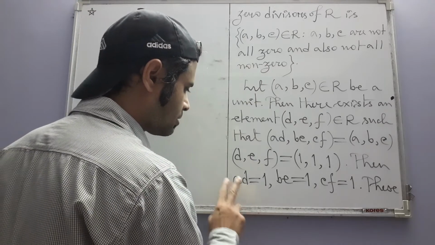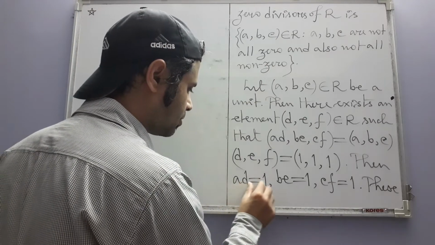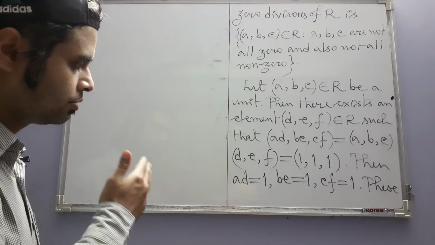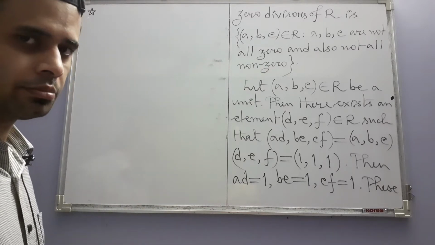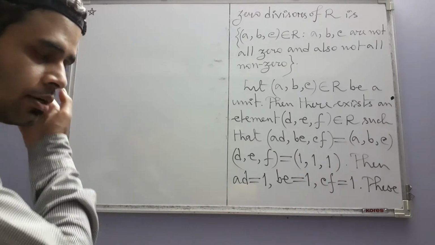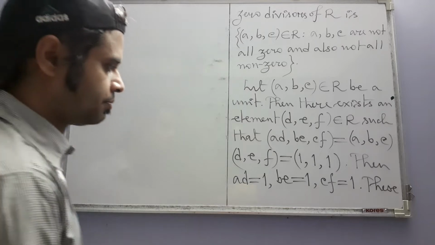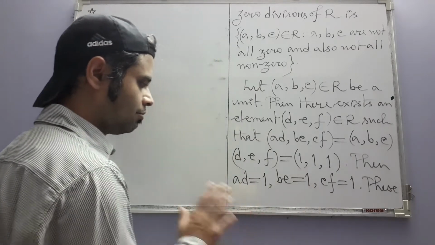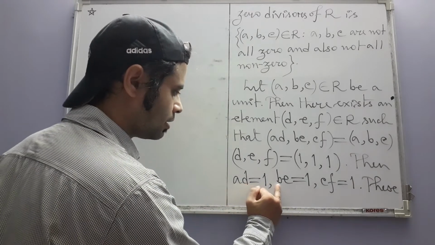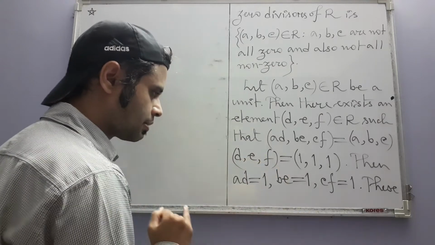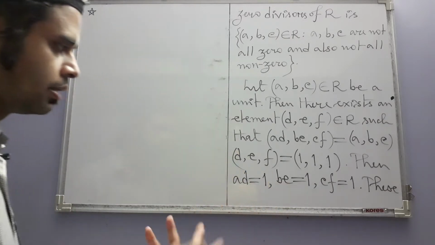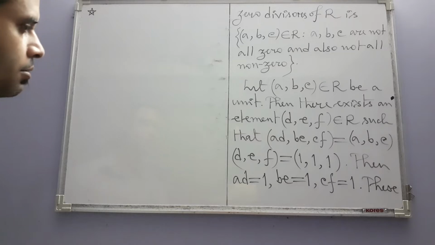So because A and D are integers, their product is 1, and it can happen in only two cases, when either both A and D are 1 or both of them are -1, and the same is true for C and F. Either both of them equal 1 or both of them equal -1. BE being 1, however, does not necessarily make B equal to 1 or -1, but since B is a rational number, this just tells us that B is a non-zero rational number. In that case, E is simply the reciprocal of B, ordinary reciprocal.